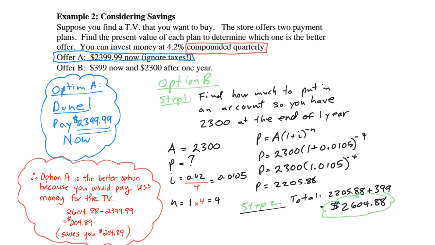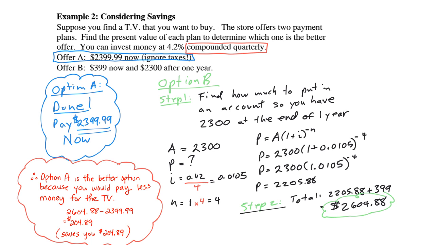Now, in order to justify why something is cheaper, just make sure that you subtract the two to show me how much you actually saved. And that's what I did here. In this case, you're going to save $204 if you pay now rather than later. And that is basically the mechanism that is used when you're asked to pay now or pay later.